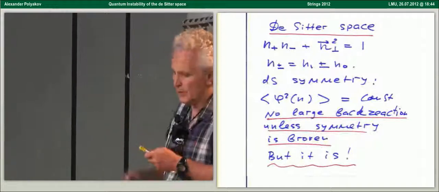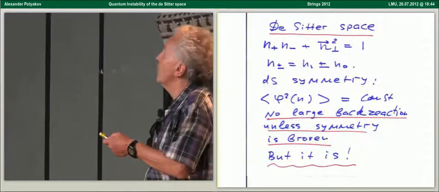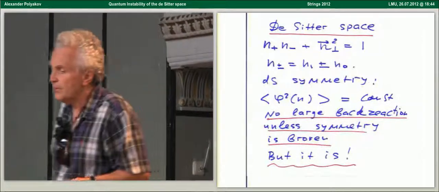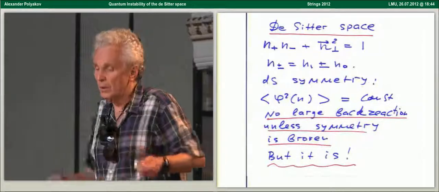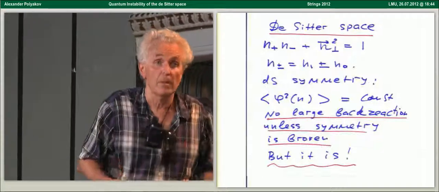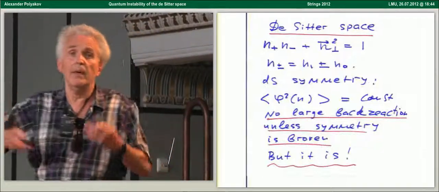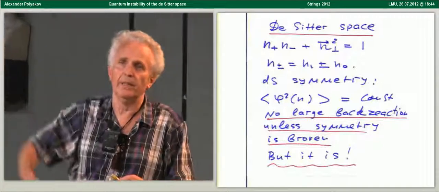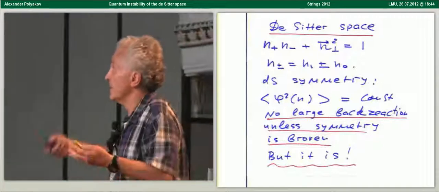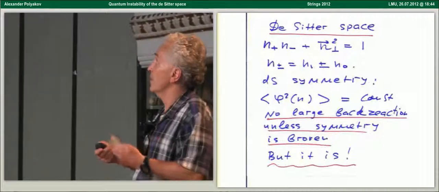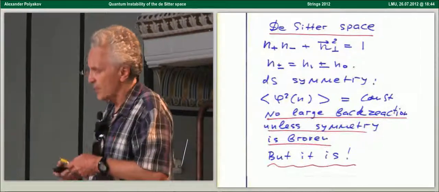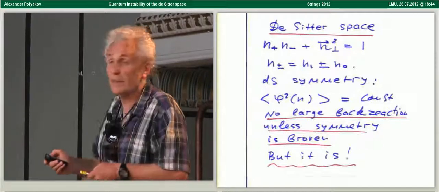Because, for example, if you take the square of a scalar field, or the energy momentum tensor, it basically will be constant, will not depend on the position. That's because of the symmetry. So our only hope is the broken symmetry, and indeed it is there.